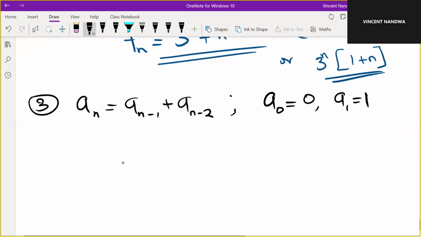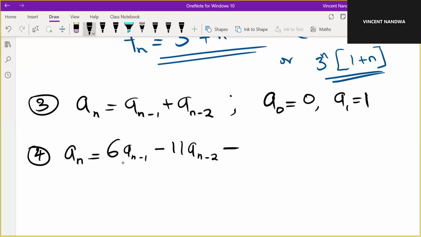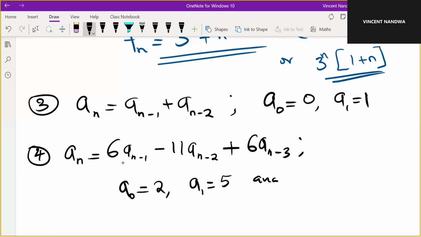So this is number 3. This is actually the Fibonacci sequence. And then another one is an equals 6 an minus 1 minus 11 an minus 2 plus 6 an minus 3, where a0 is given by 2, a1 is given by 5, and a2 is given by 15.